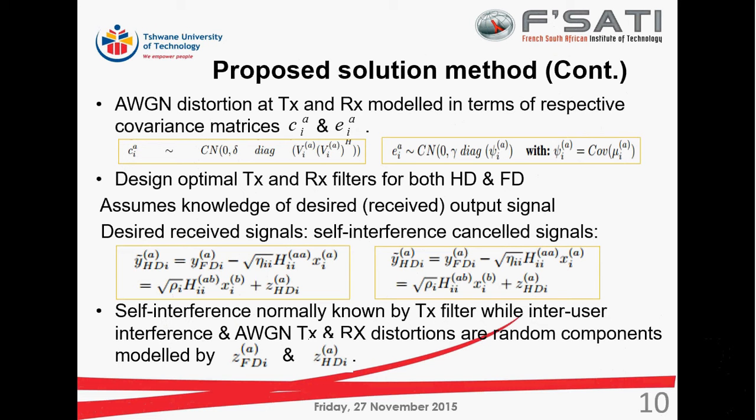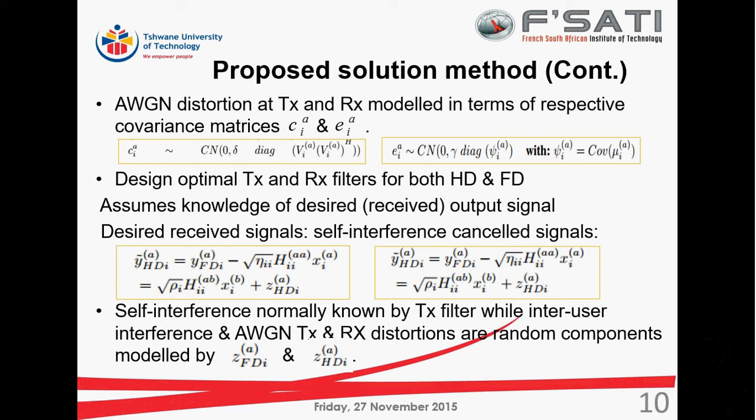The same goes for the receive AWGN distortion. The idea is to design then the optimal transmit and receive filters for both half duplex and full duplex. And this assumes that we have knowledge of the desired received output signal. The desired received signals are the signals without self-interference, for instance.